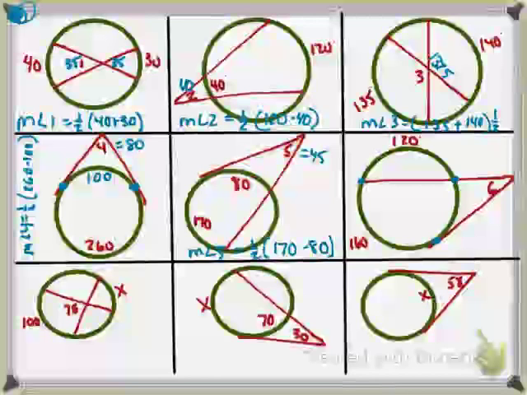How do I find that? 360 minus what we've used up so far, which leaves 80 left over for that inside arc. And then our rule would be that the measure of angle 6 would be half of 160 minus 80. You need to make sure you're using the two arcs that are in the angle, not just any two arcs given to you in the problem. So that gives us an angle of 40 there.